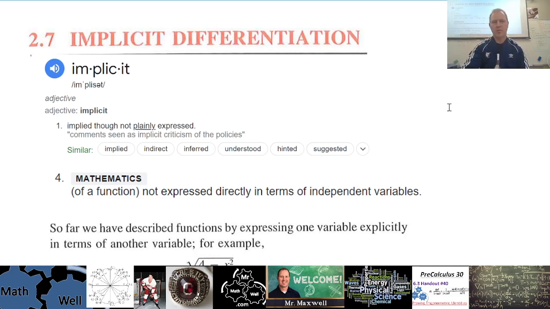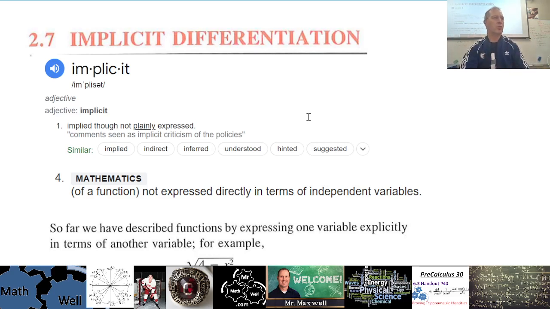You may have heard this word before. Implicit means it is implied. So it's from the root word implied, meaning that it's not plainly expressed. Maybe you've heard of the antonym, explicit. Usually that's kind of a negative thing, right? Explicit lyrics or explicit sexual behavior or something like that.